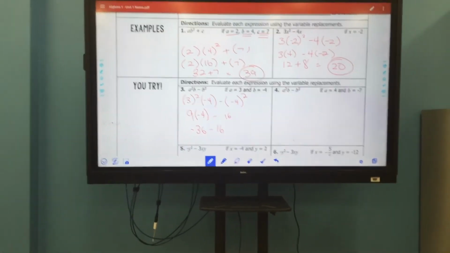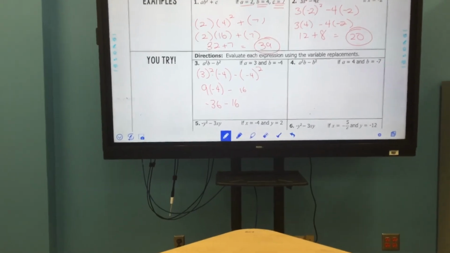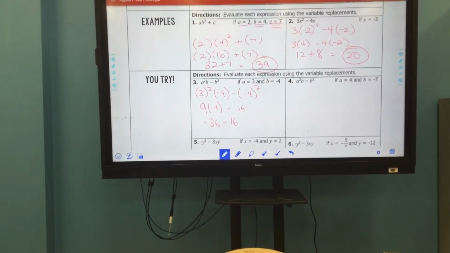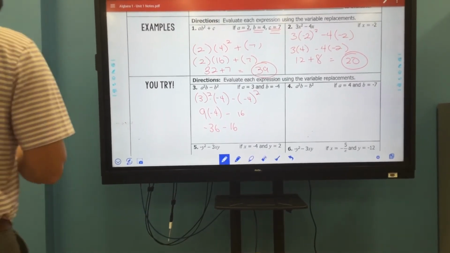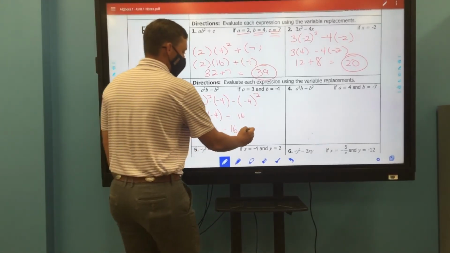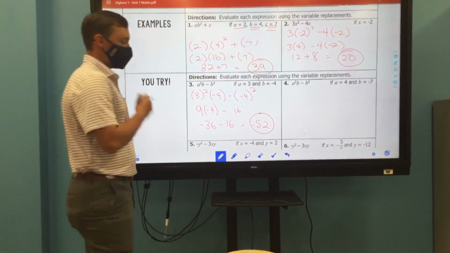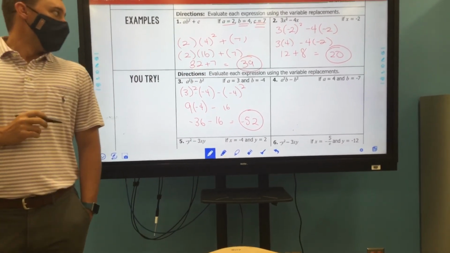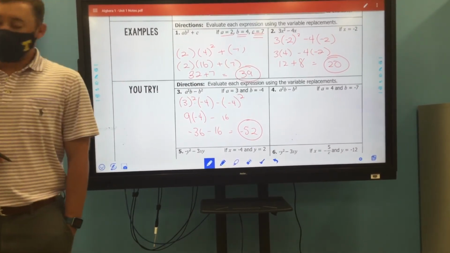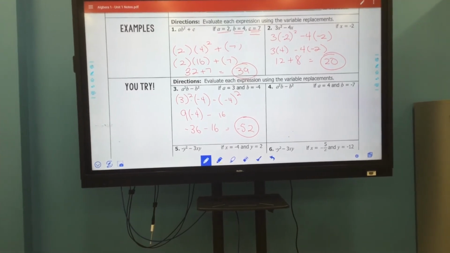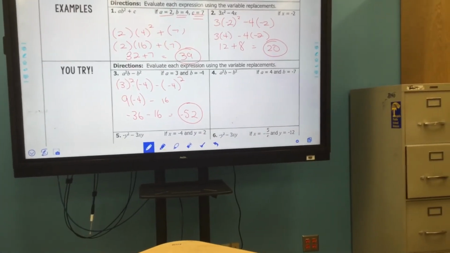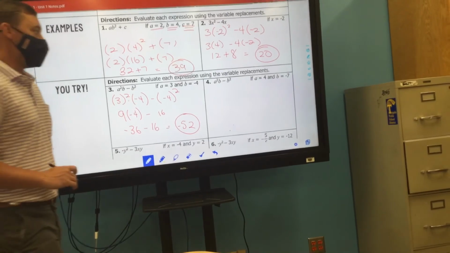And minus 16 is not a negative 16, that's minus 16. So when you do negative 36 minus 16, what do you get? Negative 52. We're going to do number 4 here, and then I'll let y'all have some time to do 5 and 6 on your own before we move on to that back side.